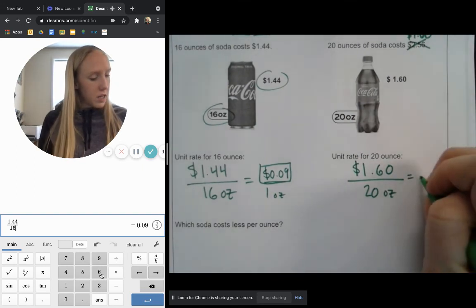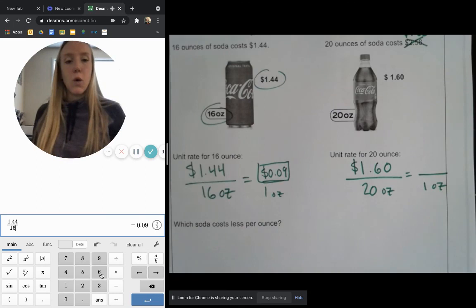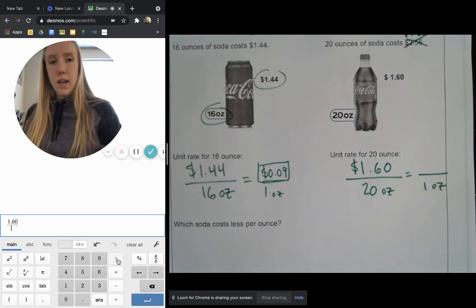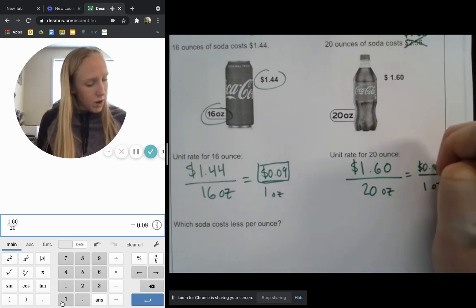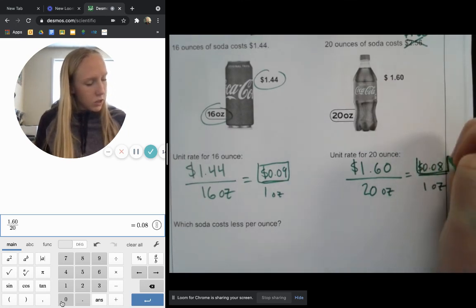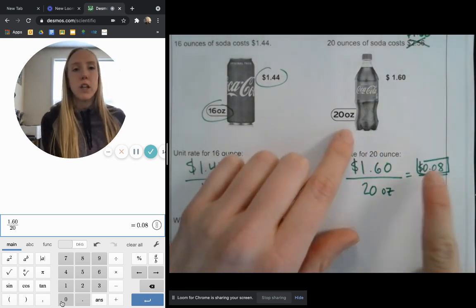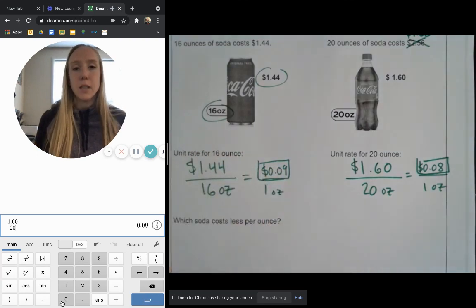We want to know how much this one is per 1 ounce, so we're going to divide this one too. So $1.60 divided by 20 ounces. All right, and we got 0.08. So this soda is 8 cents per ounce. The 20-ounce soda is 8 cents per ounce. The 16-ounce soda is 9 cents per ounce.